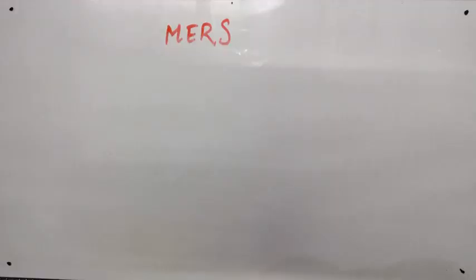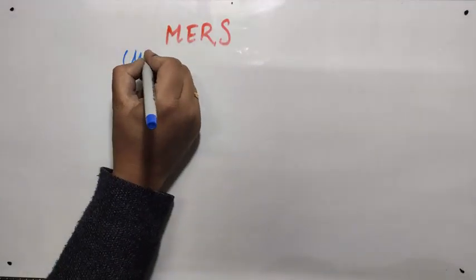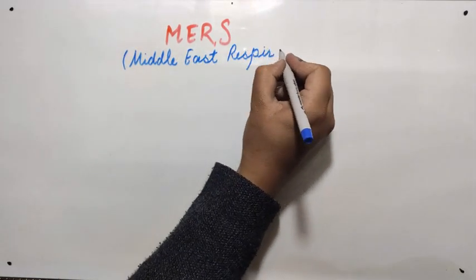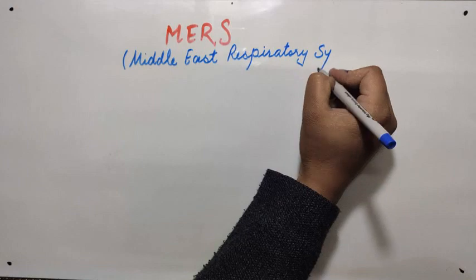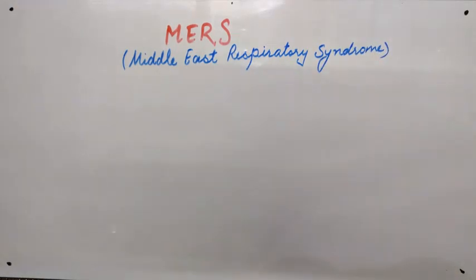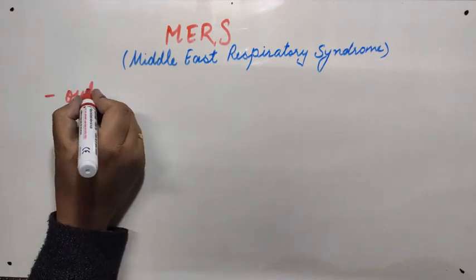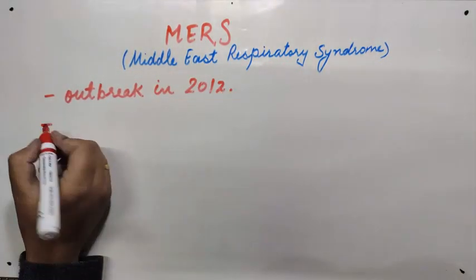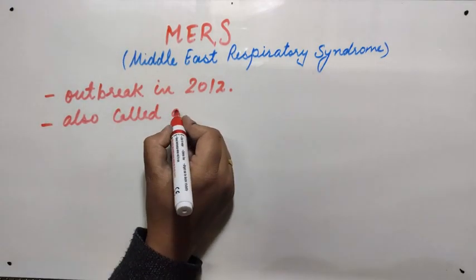Now we will study about MERS. This will be a brief introduction about MERS and SARS. MERS is Middle East respiratory syndrome. MERS was first seen, or its outbreak was in 2012. It is also called as camel flu.